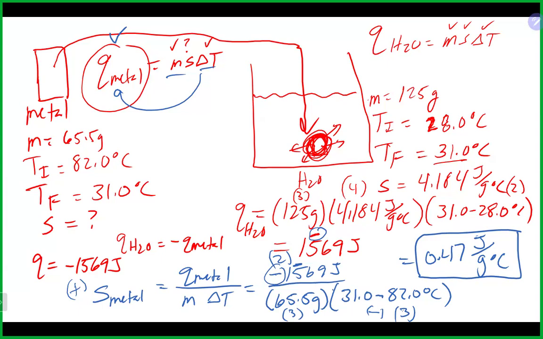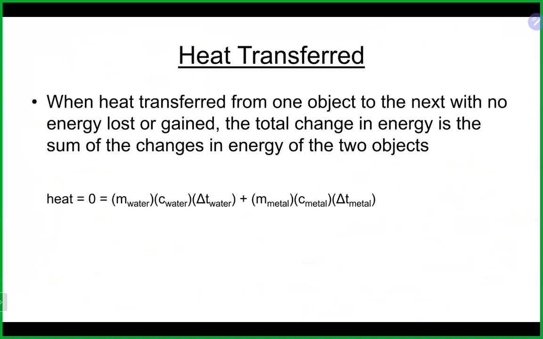Ways. 2 separate calculations, one for the water, one for the metal. You can use this relationship here, which is when we do transfer energy like a metal into water, the overall heat should be 0.